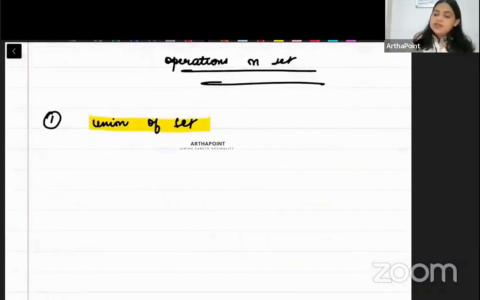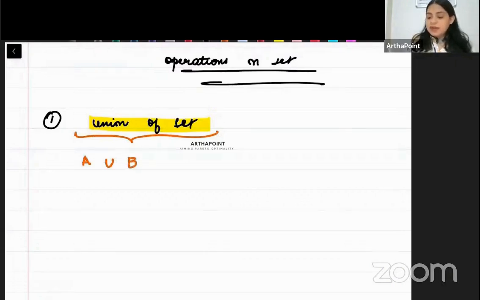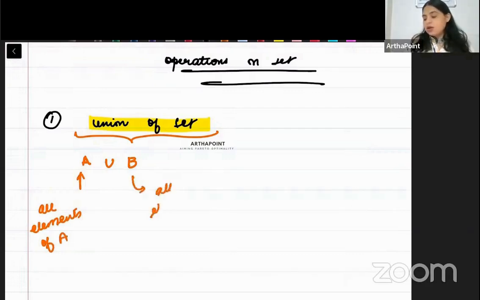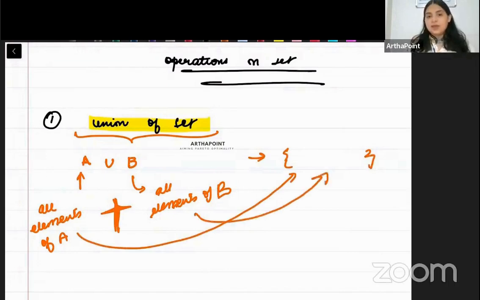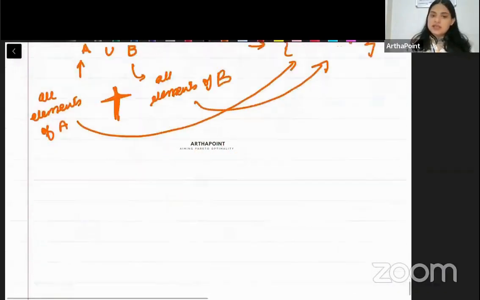Union of a set means, just say if I want to do A union B, then beta, it will include all elements of A and all elements of B, and union means addition. So when I get the final set, it should have both elements of A and B. So union symbolically means addition. You will include all elements of A and all elements of B, but remember, there should be no repetition. So only unique. Let us take an example.